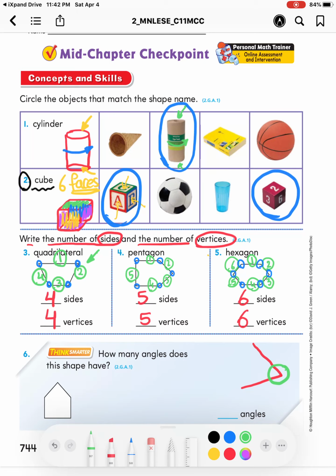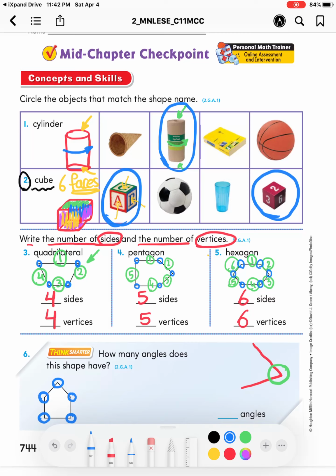Okay, so let's see, whenever 2 sides meet together, they will create an angle. Let's count the number of angles together. Okay, here is an angle, here is another angle, and here is one more angle, and finally this one.